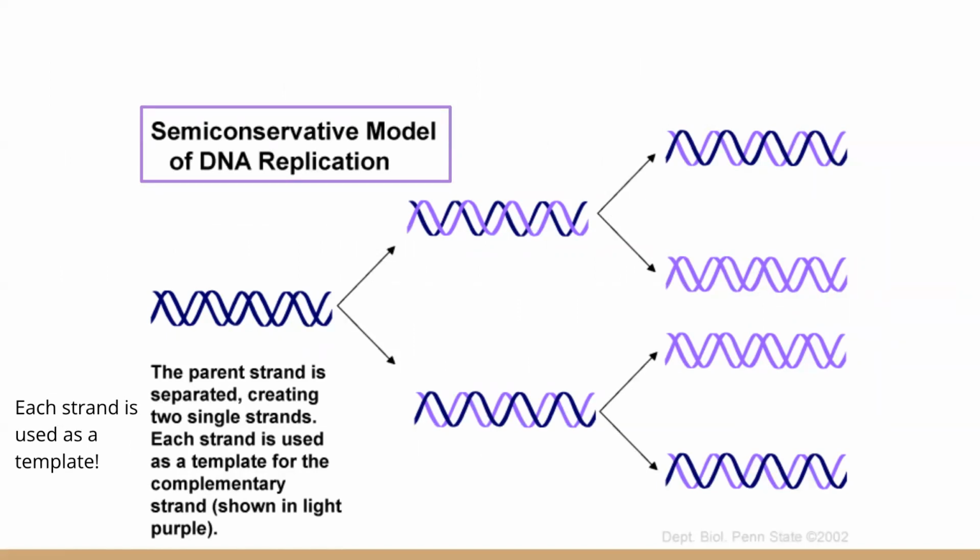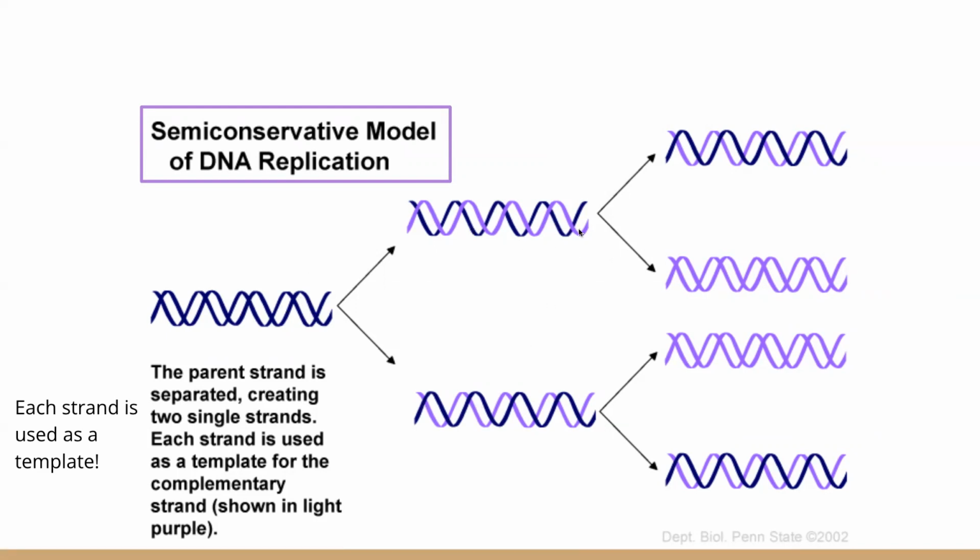Okay, so DNA replication, this is a general overview of it. DNA replication is a semi-conservative model, which means that half of the parental strand seen over here ends up in the daughter strands of the DNA.